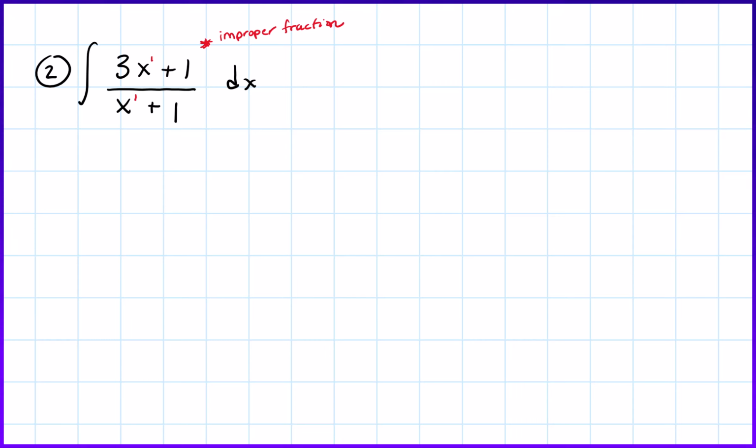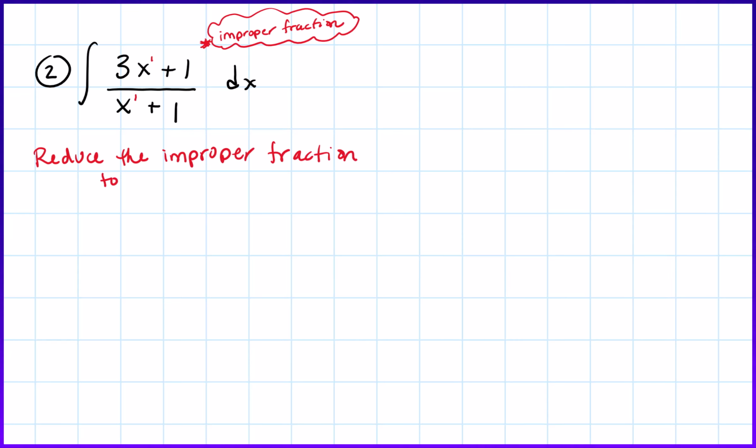Just like with numbers, what we can do with improper fractions is reduce the improper fraction to a mixed fraction. Let's just think about the algebra, the arithmetic.